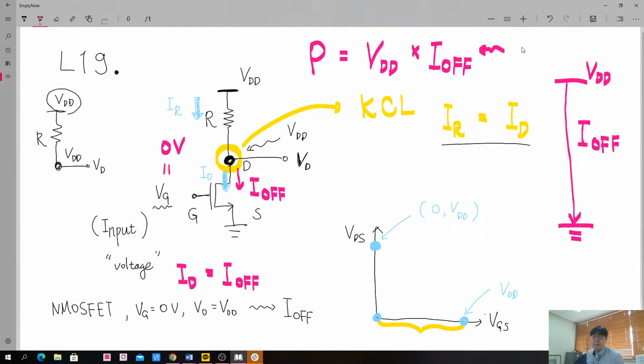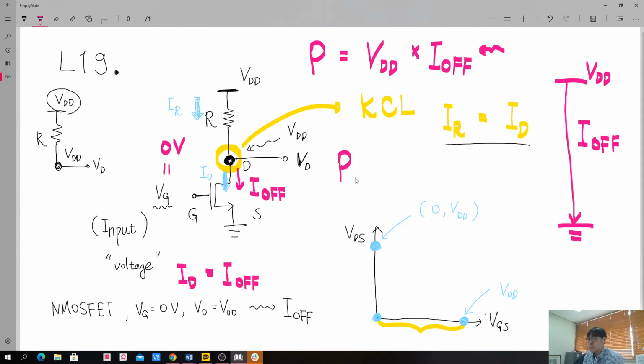For all input gate values, we apply 0 and measure the power dissipated by this collection of 1 billion circuits.